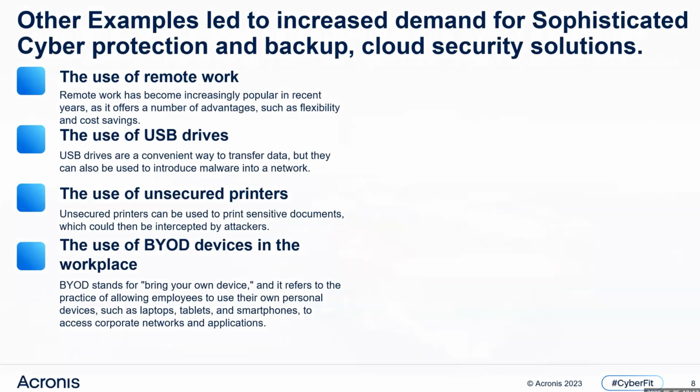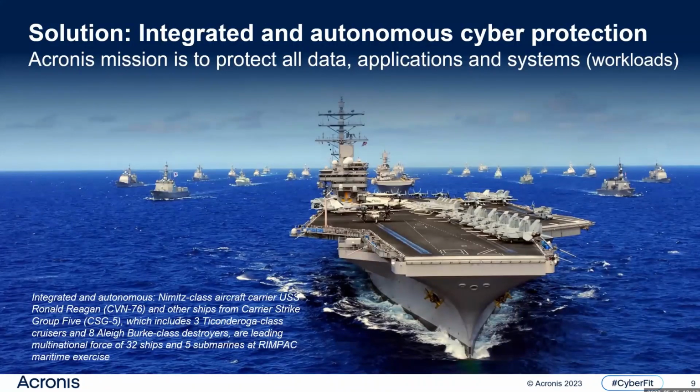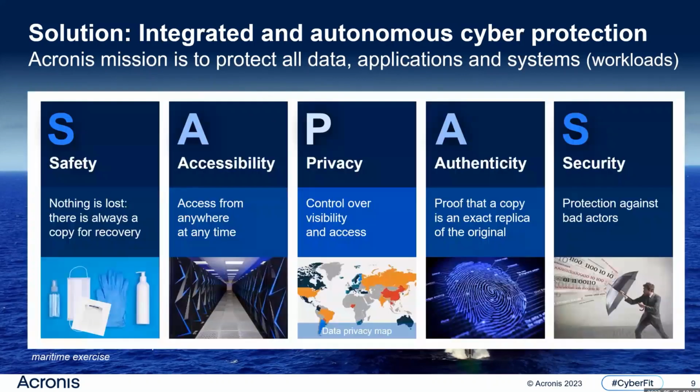So Acronis believes that protection of data is a basic need of every person and organization. The Acronis technology and solution is designed around a principle known as 5 vectors of cyber protection, namely safety, accessibility, privacy, authenticity, and security.